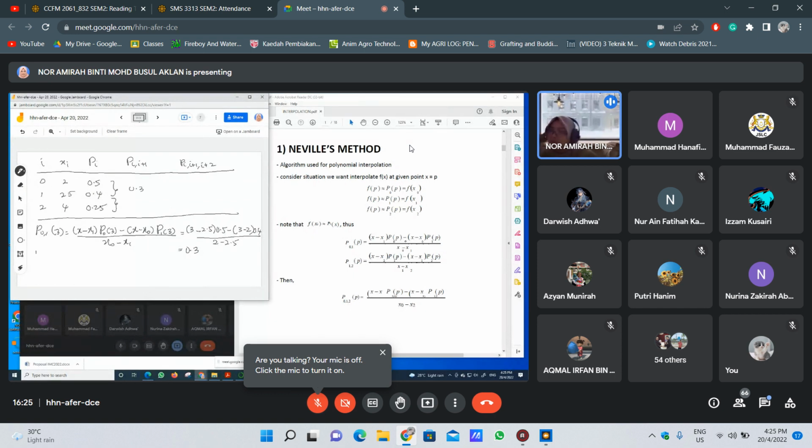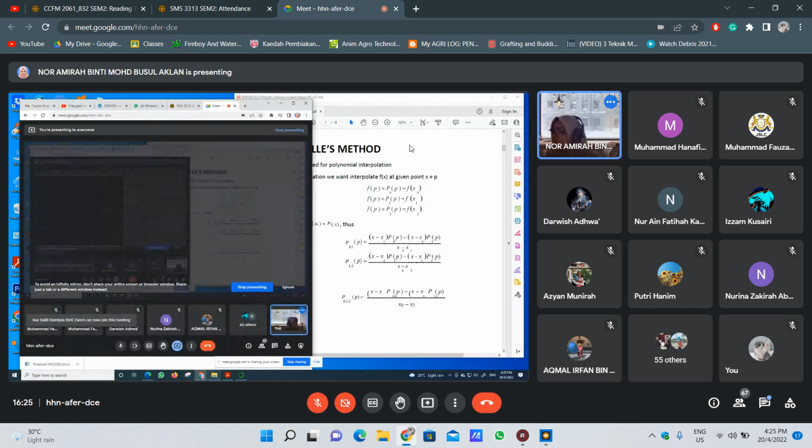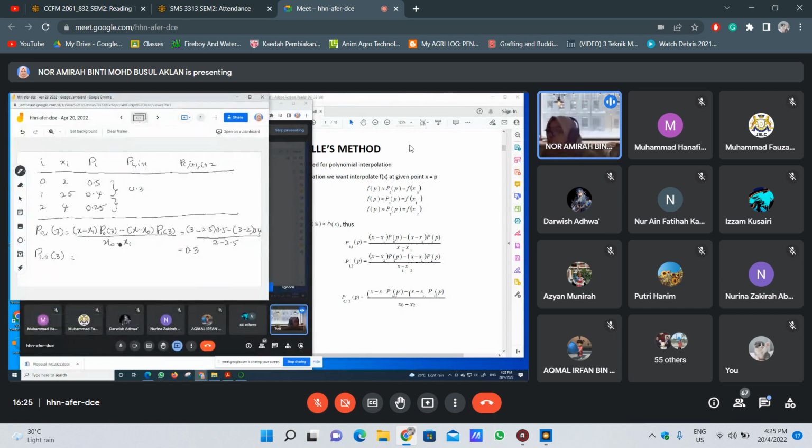Okay, next for P12. Sama juga sebenarnya formula tu boleh modify itu. Okay, so P12 x minus x1 juga. Okay, tak, kalau yang ni kita tukarlah sebab kita punya 1, 2 kan.